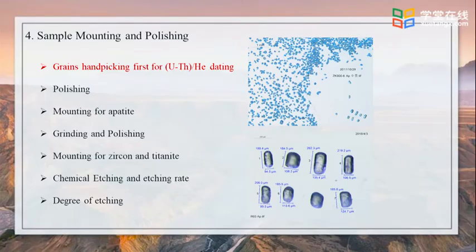Prior to carrying out steps of sample mounting and polishing, if uranium, thorium, helium dating is also planned for this sample, then it is recommended to first hand-pick the best quality grains for that purpose, as grain morphology requirements for helium dating are more stringent.